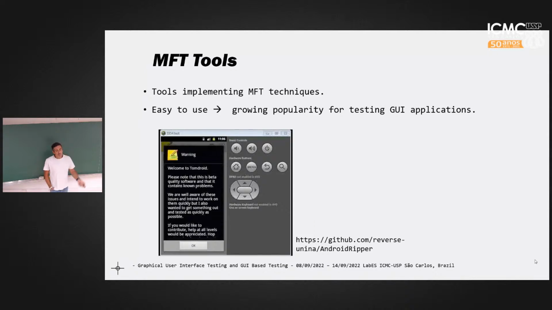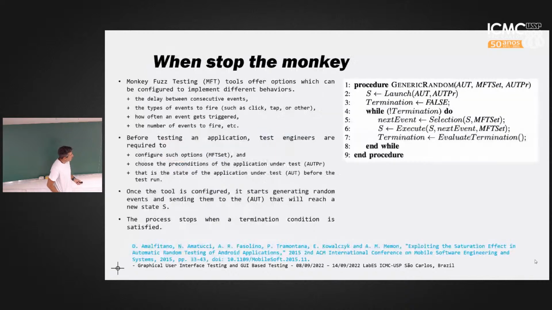There are many tools in the literature. One of these is Sapienz, another one is Dynodroid. We developed many of these tools and compared them with each other. But one of these is Android Ripper.